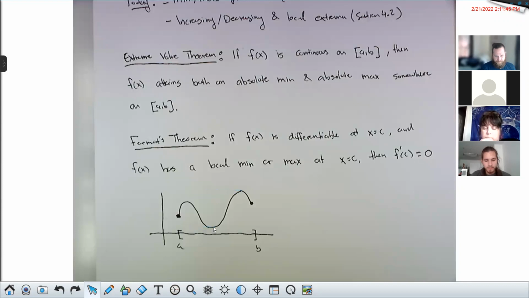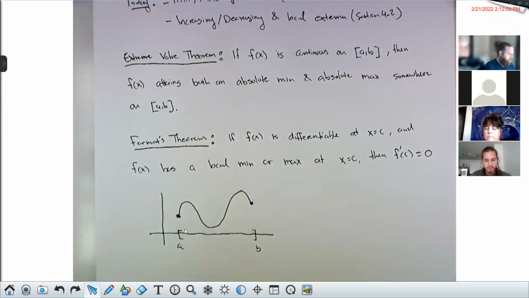And if those tallest and lowest points are coming from places where the function is smooth in the interior of the interval rather than one of the endpoints, then those would also be local extrema, local mins and local maxes.